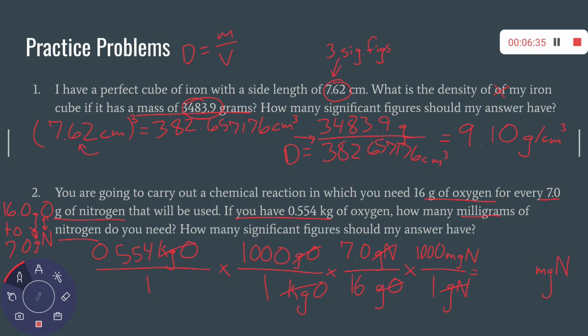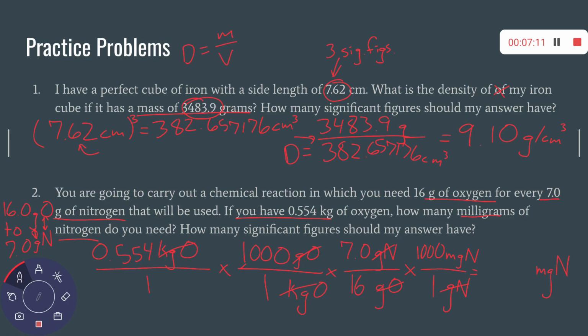Which means I'm going to do the math in my calculator. 0.554 times 1,000 times 7 divided by 16 times 1,000. And that's going to give me my final answer. Now the question of where I round it. Again, we are doing multiplication and division. And so we pick the measurement that we care about with the least number of significant figures.